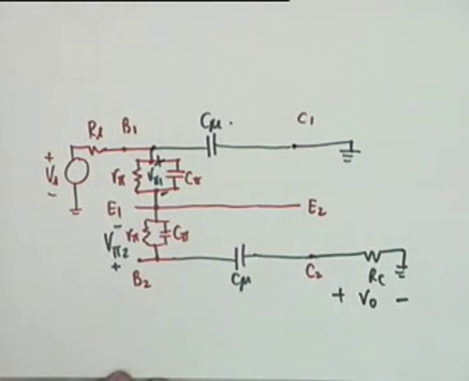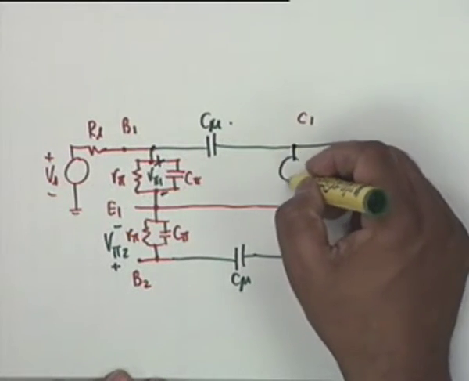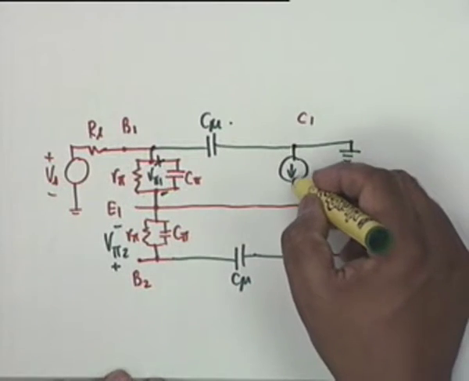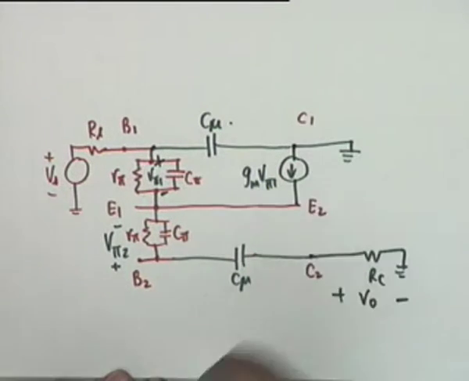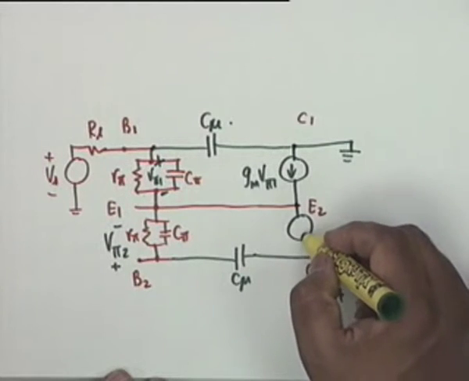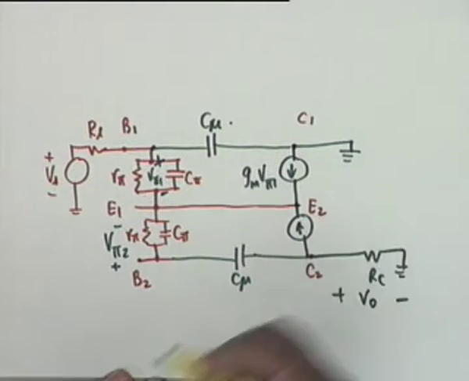Now, what do we have from C1 to E1? We have, is the polarity correct? From the collector to emitter is Gm V pi 1, and this would be another from C2 to E2, another current generator with this polarity, right?